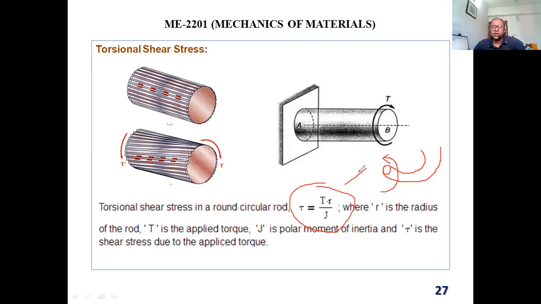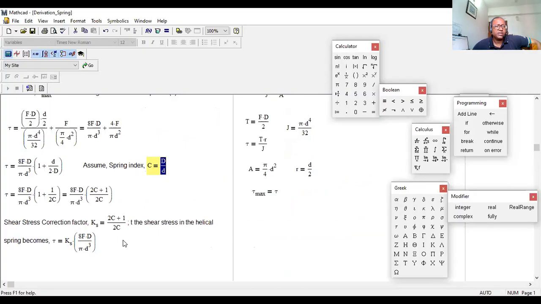So this formula we are applying in a rod with a circular cross section, but not a straight body. It actually curves, so we are missing some correction. That means our result will not be appropriate if we use this formula, because this formula is derived based on applied torque in a straight circular bar.